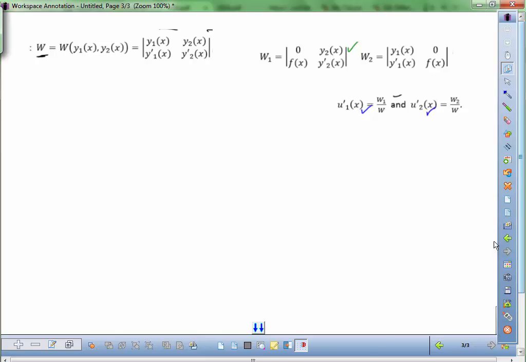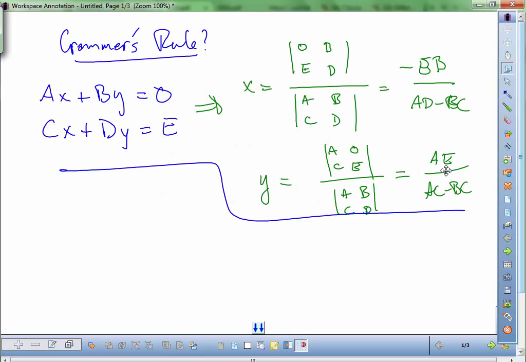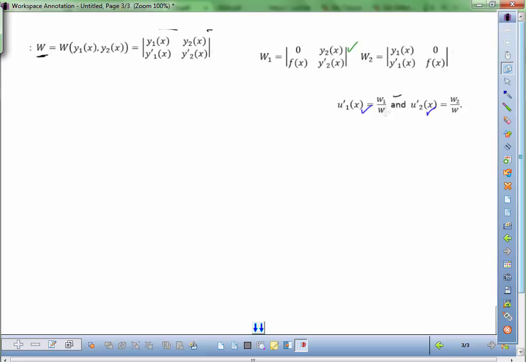So if we backtrack to Cramer's Rule, we must have been looking at an original system of linear equations that, instead of an x and a y, has a u1 prime and u2 prime.